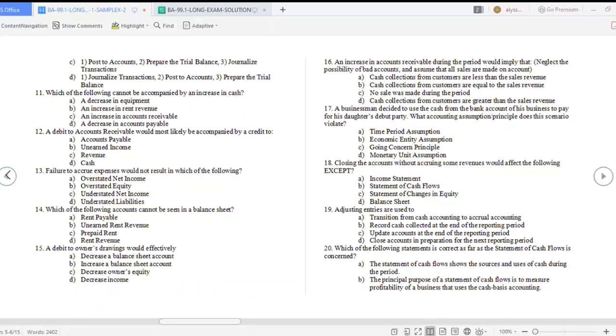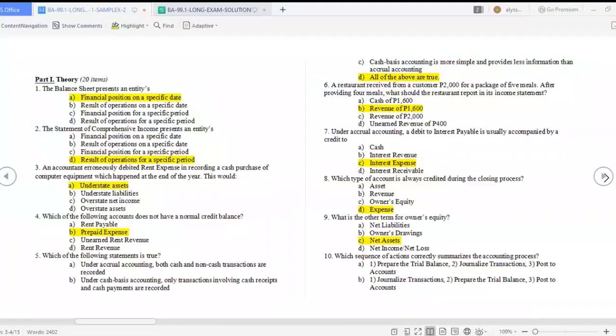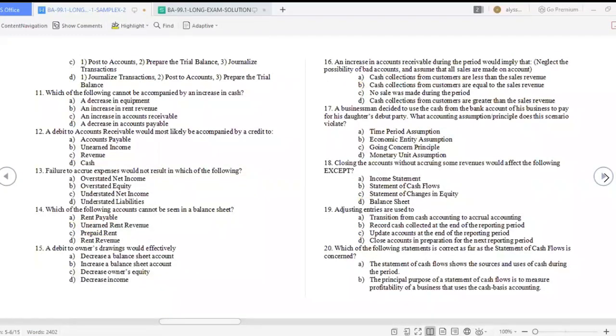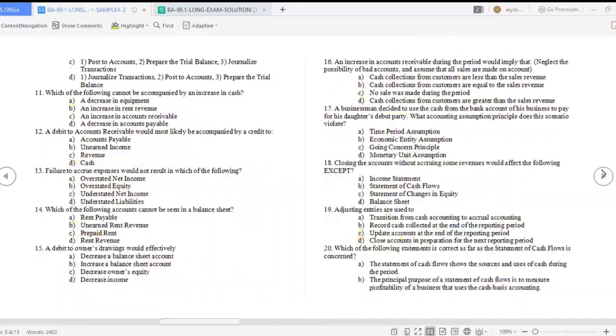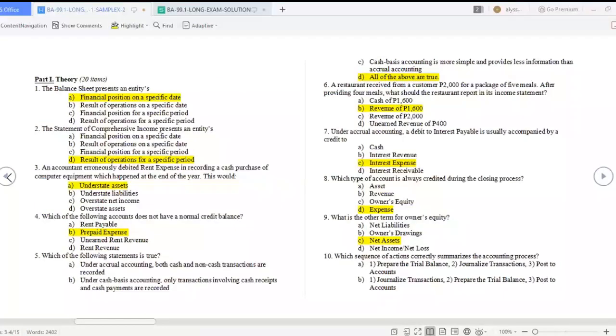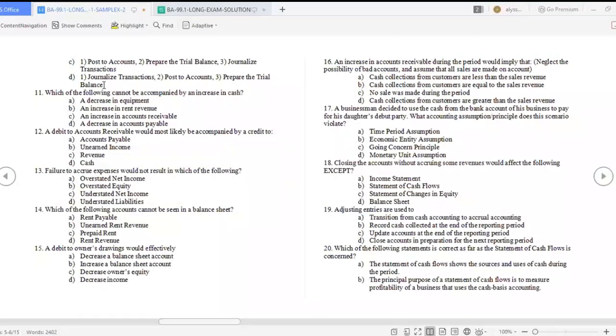So we're now choosing between letter B and letter D. After you journalize transactions, you post to accounts, so post it to its respective accounts, and after that you prepare the trial balance. So between B and D, the correct answer is letter D.